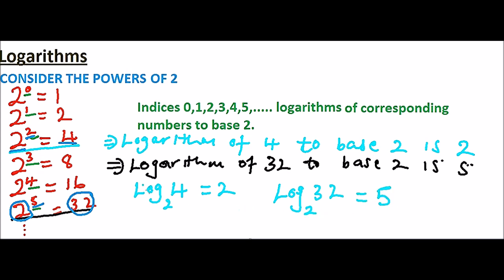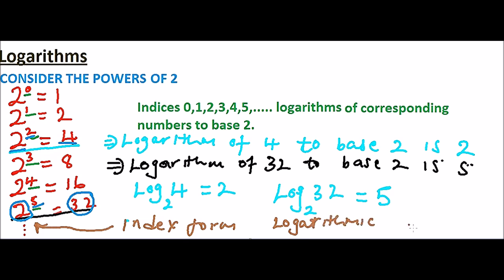So note, when we write numbers in this form, that is 2 to power 0, 2 to power 1, on and on, we refer to that form as index form. So that is index form. And this one, when we write in logarithms, we say this is logarithmic form.